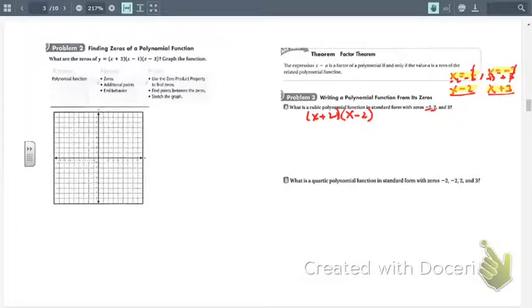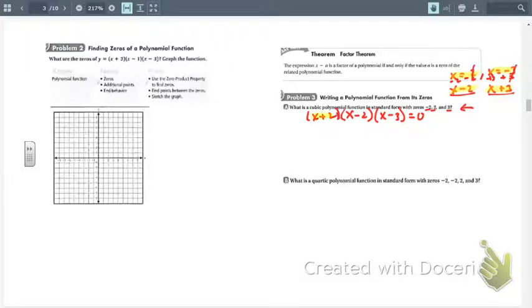That's a positive 2, so it becomes a negative. And then we have a positive 3, so we'll have x minus 3. And we'll set it equal to 0. So we're working backwards here. Before, we were given the polynomial and we had to find the zeros. Now we're given the zeros and we have to find what the polynomial is.